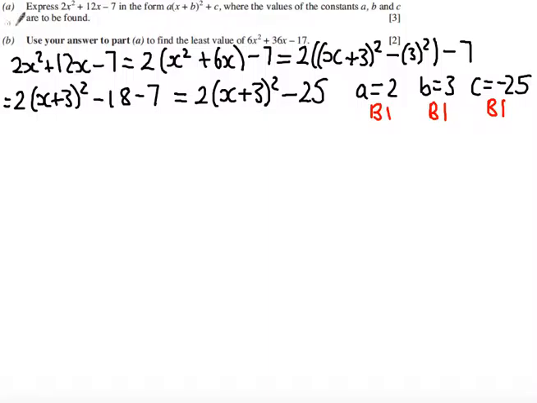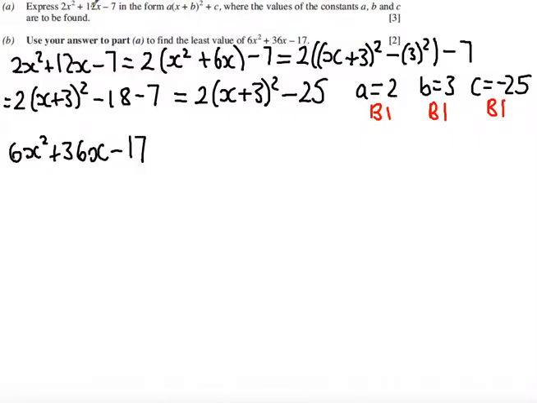Okay. Now part B says use the answer to part A to find the least value of this expression. Well, we know that this is going to be a least value because it's a positive quadratic. And so if we have 6x squared plus 36x minus 17, the thing to notice is that the 6x squared and the 36x are actually 3 times the amount of x squared and x's that I have in my original expression.